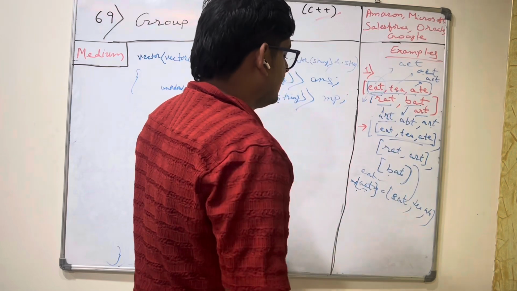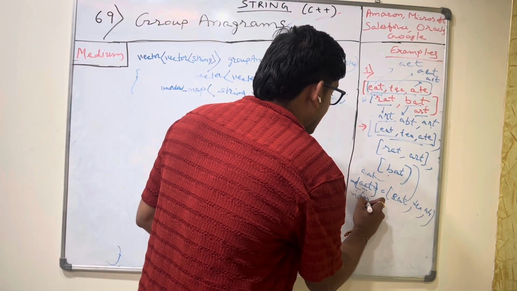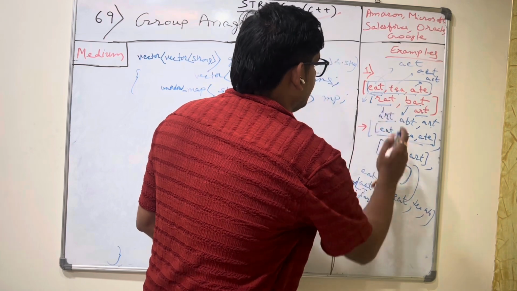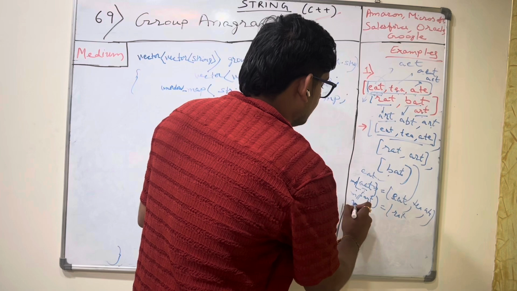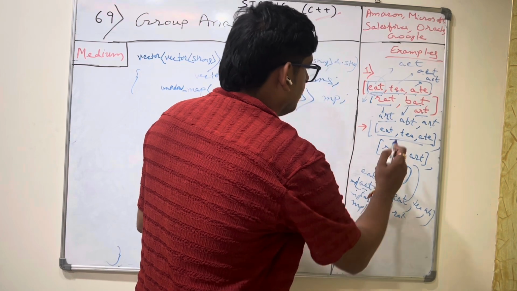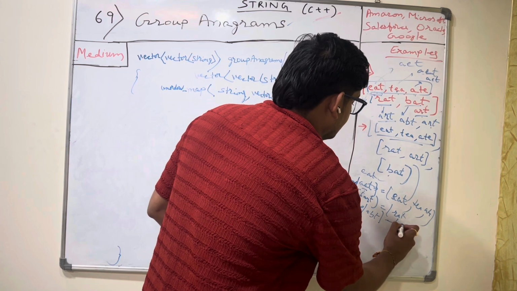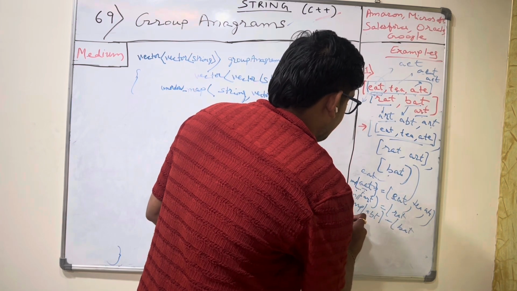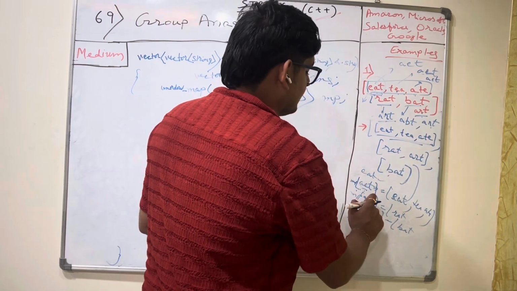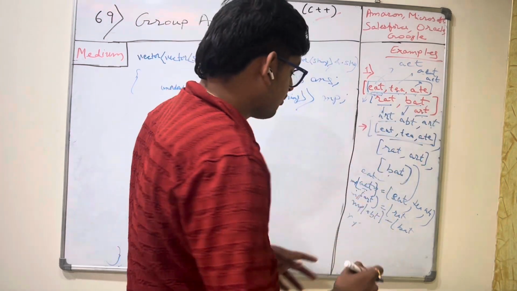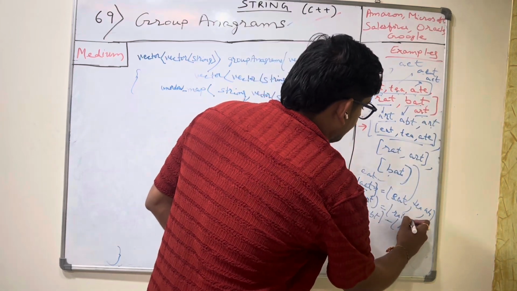Next is RAT, that will be sorted to ART. ART doesn't exist here, so we add a new ART key, and the original is actually RAT. Next it is BAT, so we sort it, it will be ABT, and the original string is BAT. Then we have ART, so ART already exists after sorting, it's ART only, and the string is also ART.